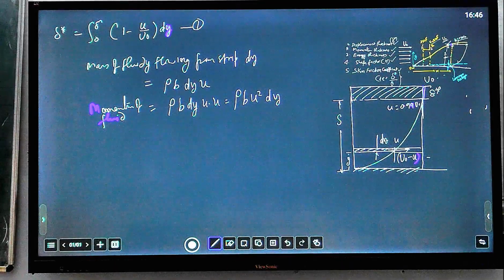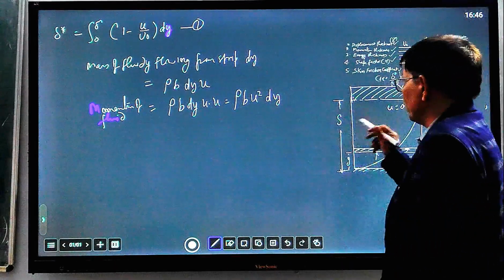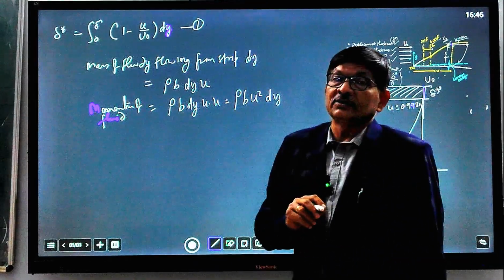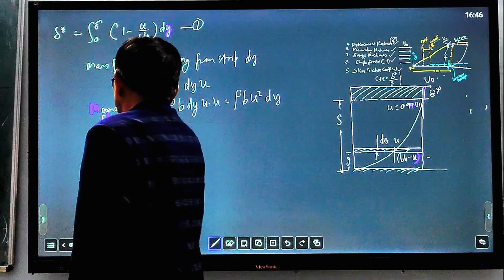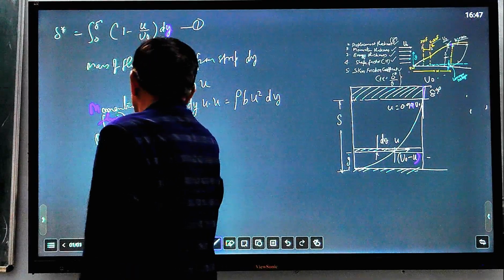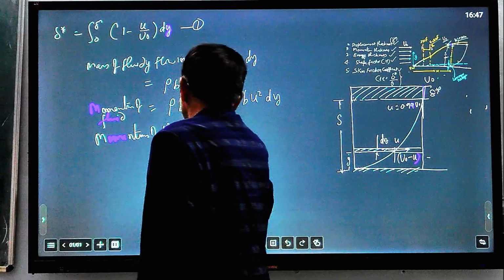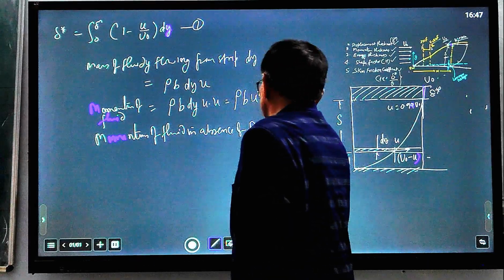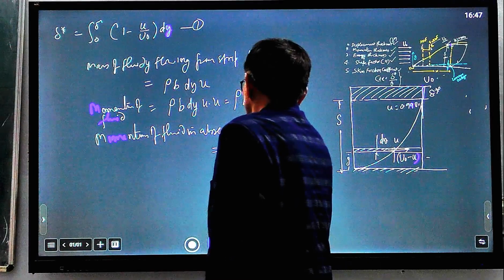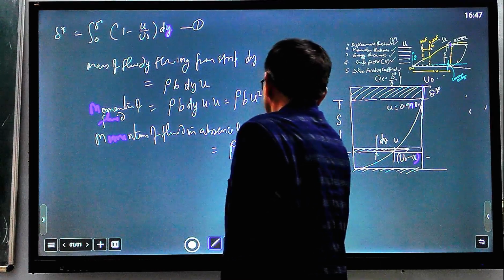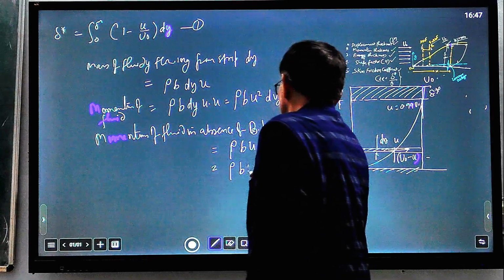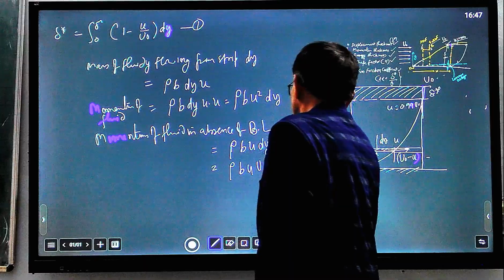And momentum of fluid in absence of boundary layer. Momentum of the same amount of fluid in absence of boundary layer, because in that case velocity of fluid will be u naught. So momentum of fluid in absence of boundary layer is rho b u dy into u naught, that is equal to rho b u u naught dy.